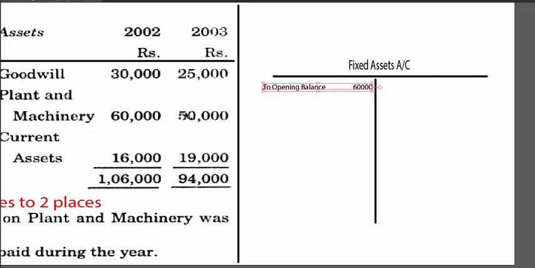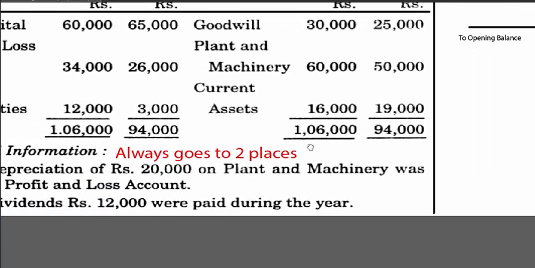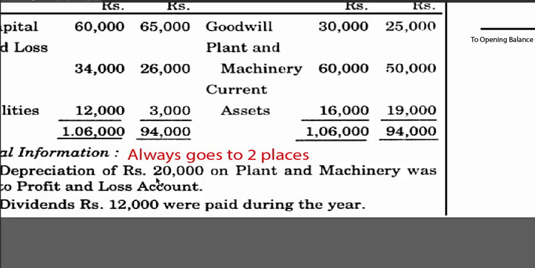And we have the closing balance, and that is 50,000. And they've given in the adjustment that the depreciation that was charged during the year was 20,000.